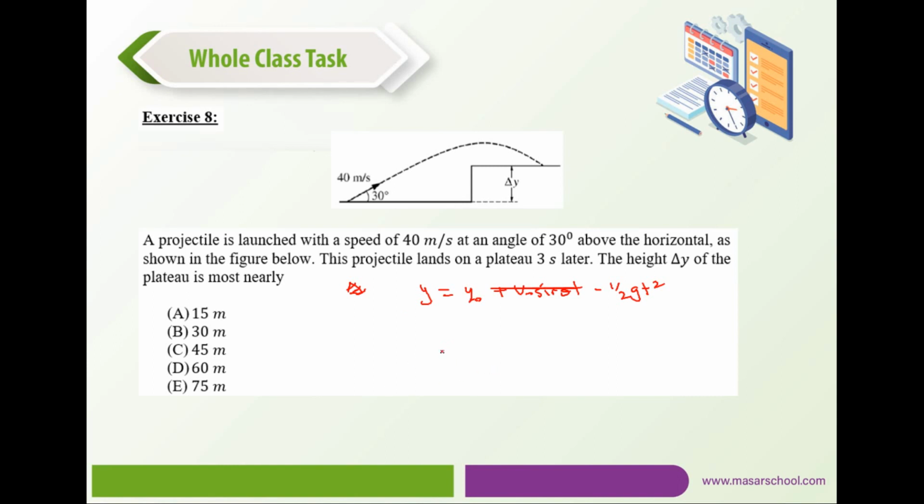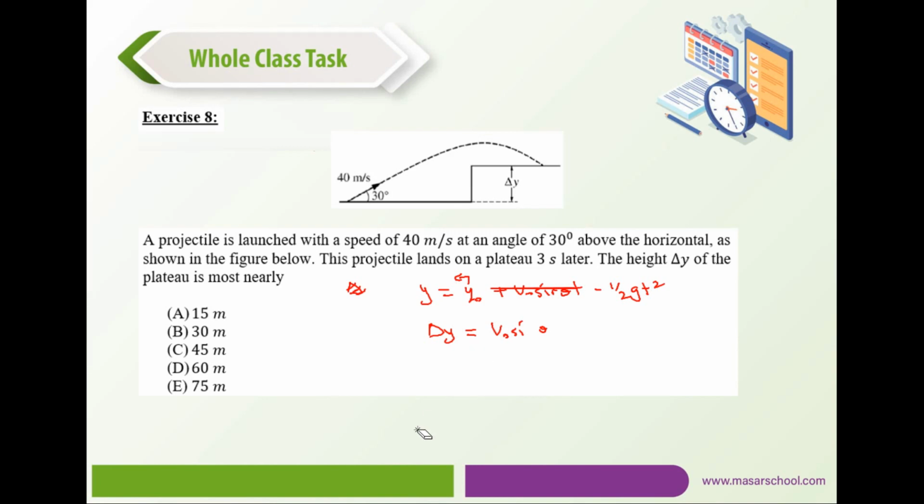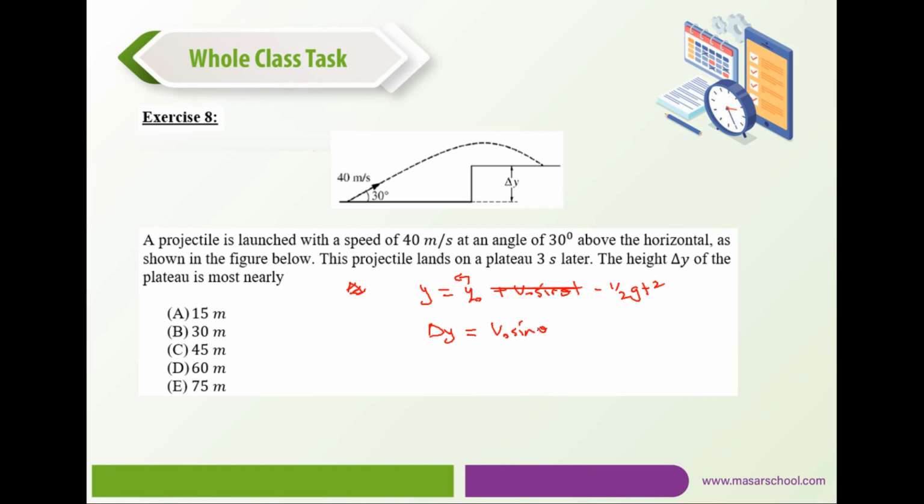Now if you move y0 to the other side, independent of the origin that you're choosing, delta y would be v0 sine theta t minus half g t squared. Also you can say that this is the origin, and y would be given by 0 plus v0 sine theta t minus half g t squared. Whether you determine delta y or y, that would be perfectly the same.